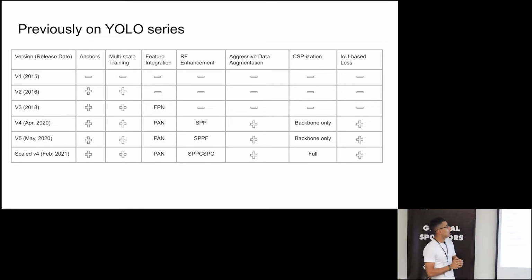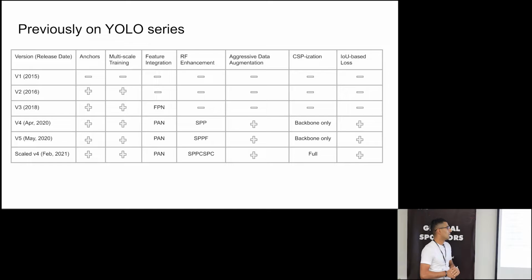Then, starting from the fourth version of YOLO, they added a receptive field enhancement block, which is called spatial pyramid pooling, which basically helps the model to locate bigger sized objects in the image. And it has different modifications.